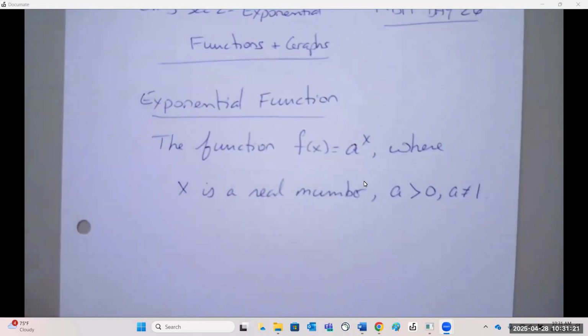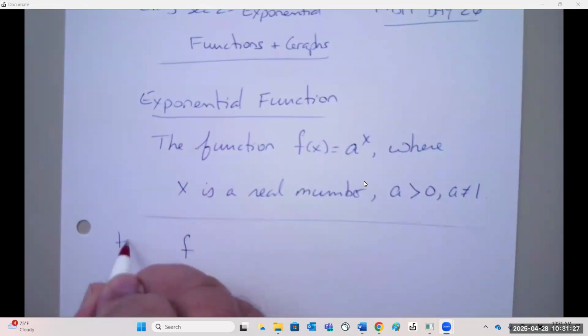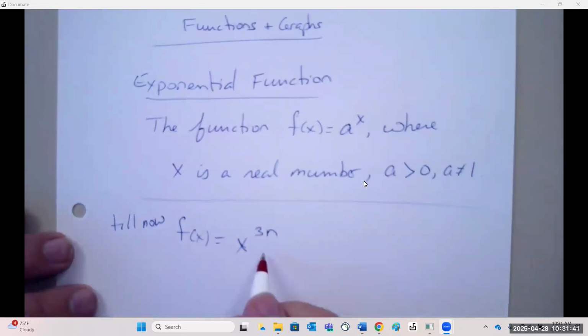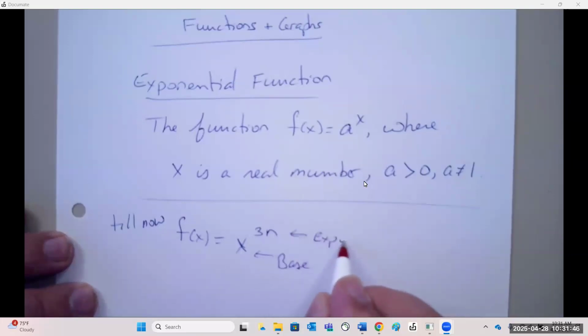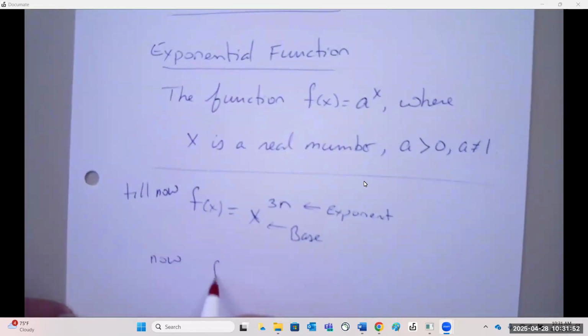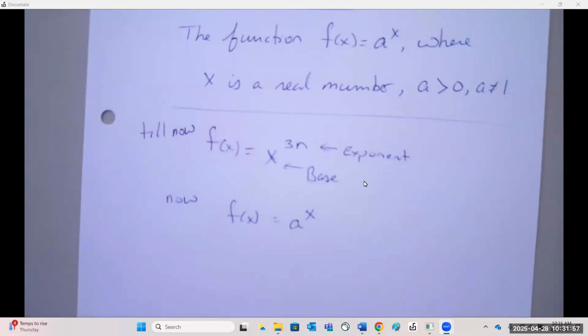But up until now, our functions were always x to the power of some number, where the x was the base and the exponent was anything. Now with exponential functions, our variable is the exponent.